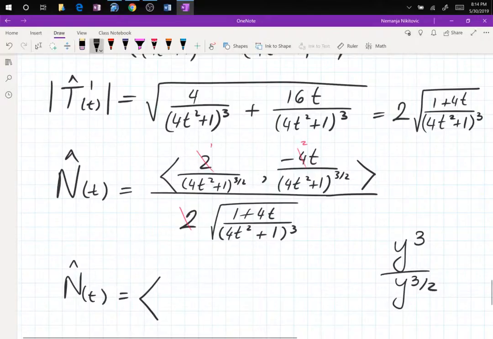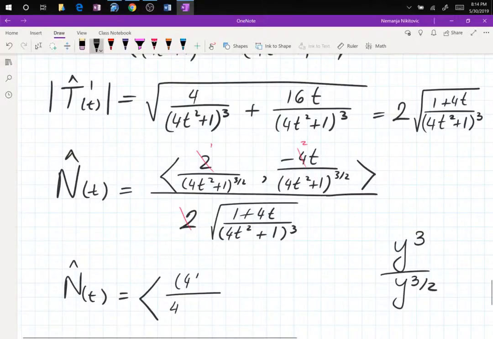So this is going to be 1 divided by 4, this and this cancel, so this goes in the numerator.